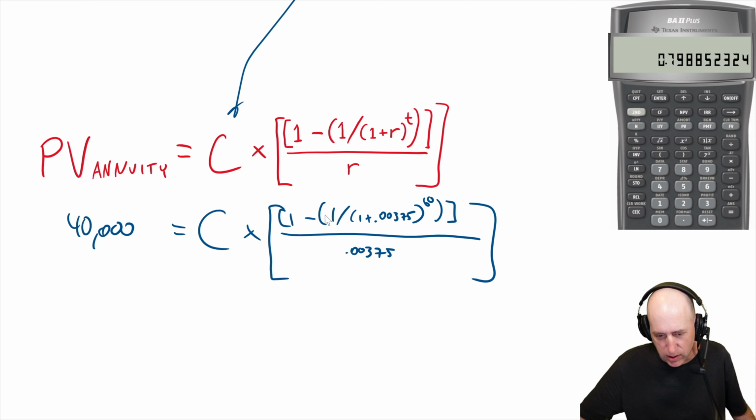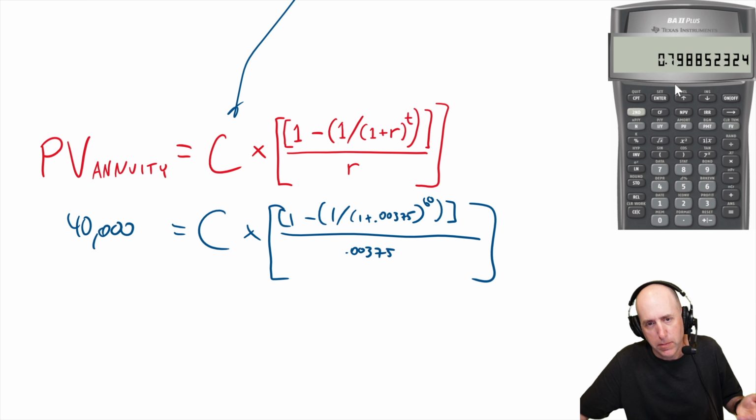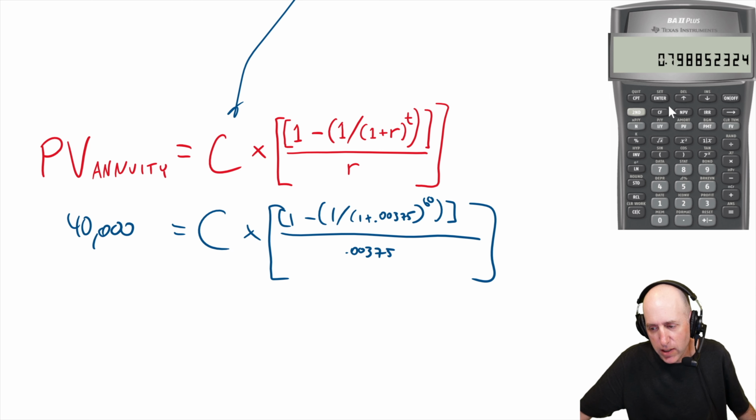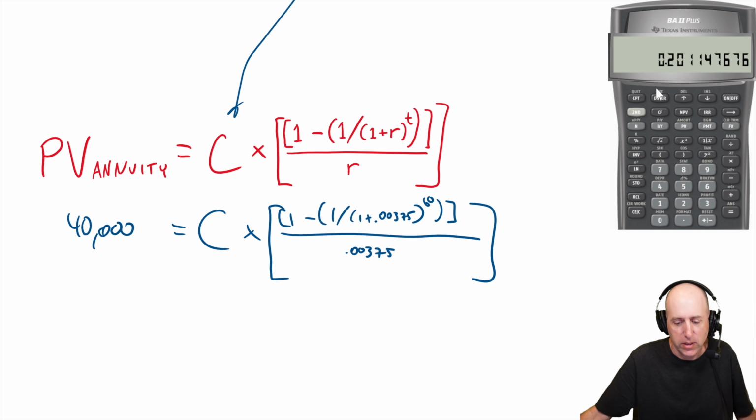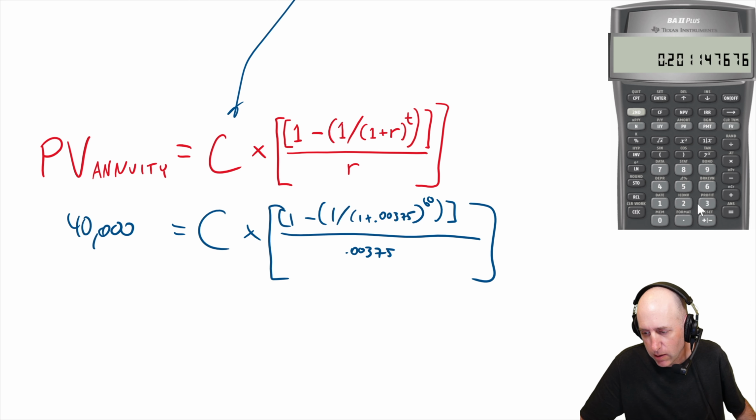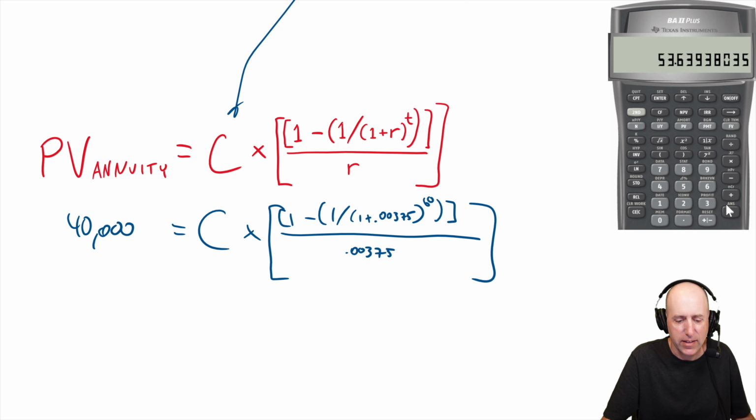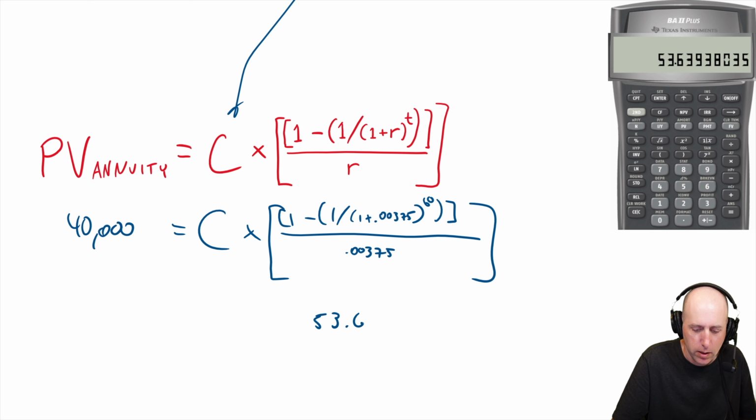I get 0.79. 1 minus 0.79 is going to be roughly 0.2. The way I do this is I go minus 1, and then I hit the plus minus button, so it's 0.201. I divide by 0.00375, and I get 53.64. That's the number in the big brackets.